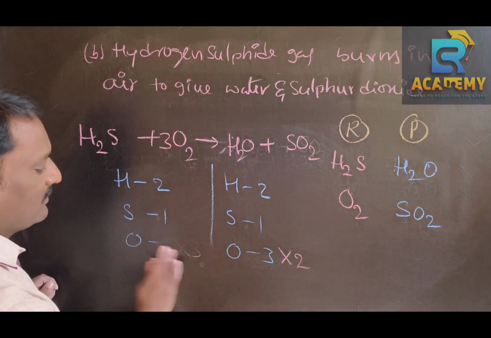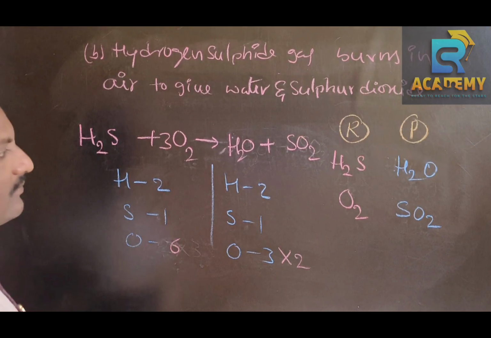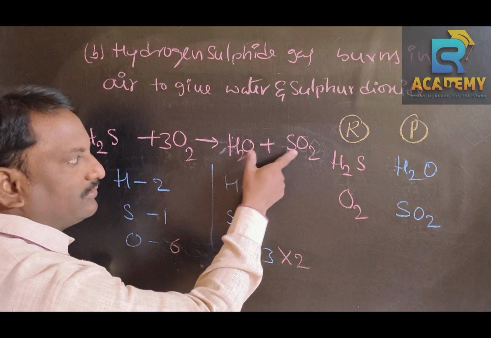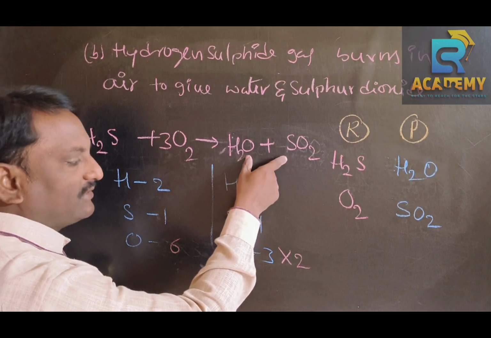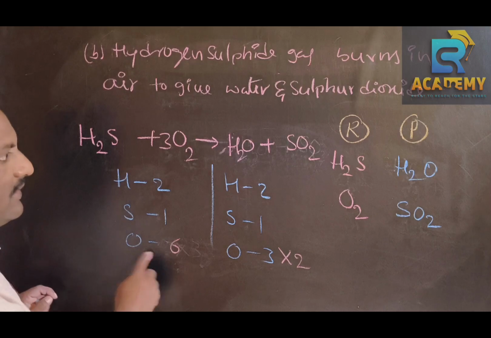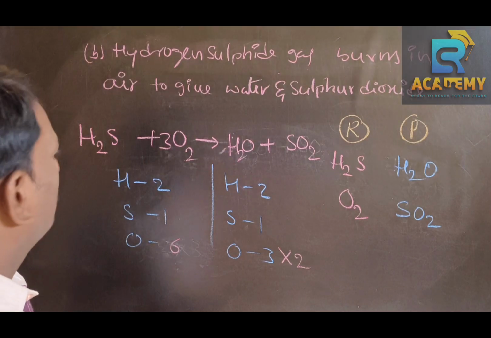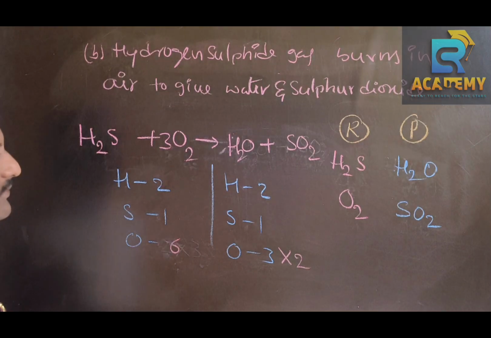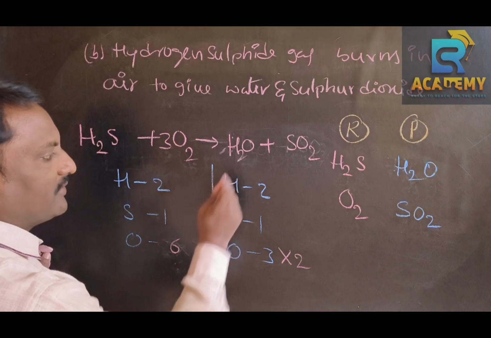Oxygen becomes 6. But here oxygen is in 2 places, so let it be. So 6, and hydrogens, so let us multiply with 2.